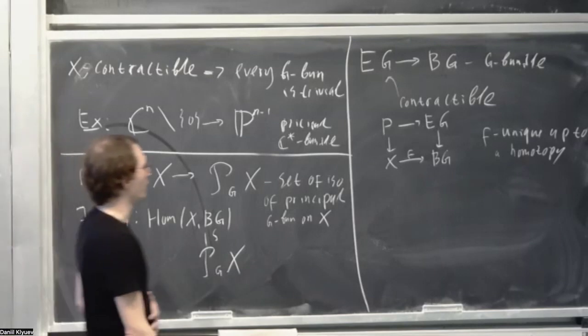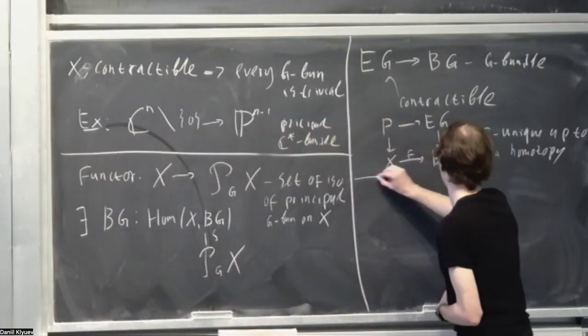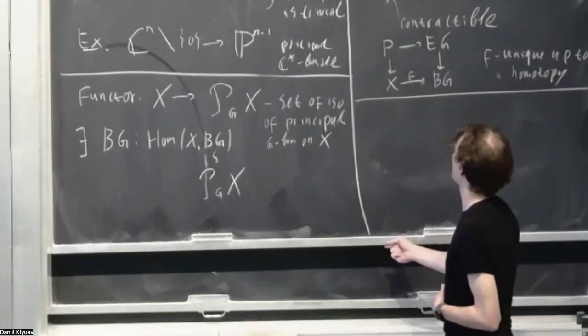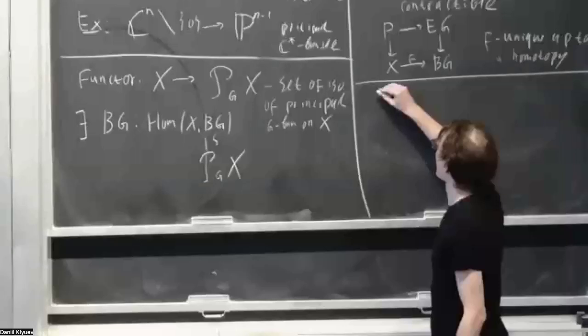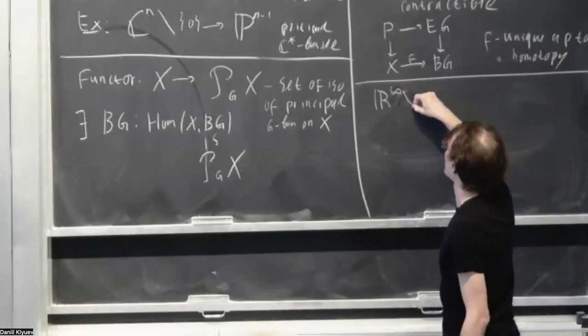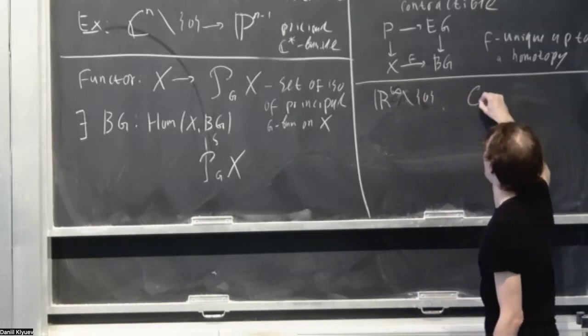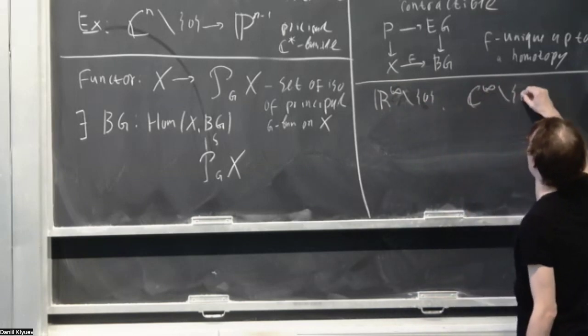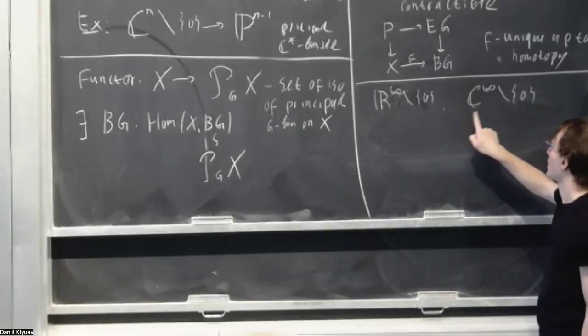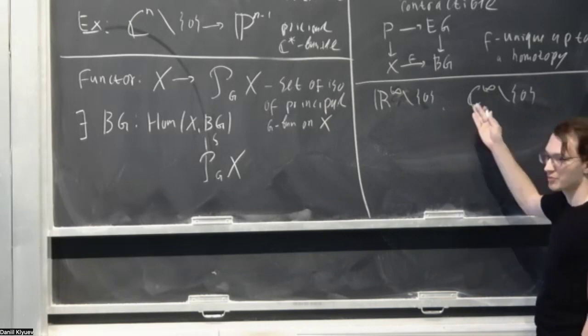So one of the examples of this is R^∞ without 0 or C^∞ without 0. These spaces are contractible.